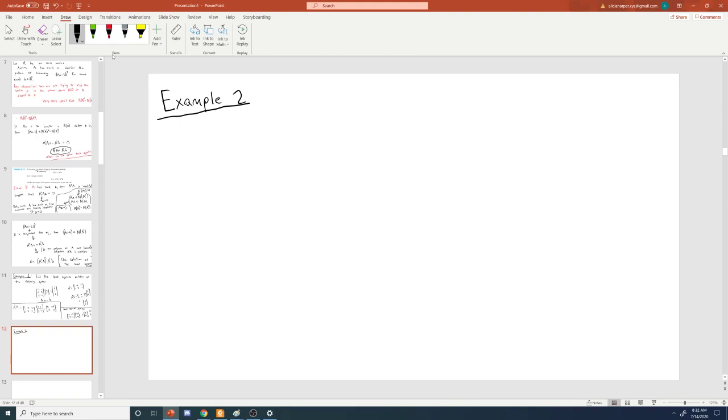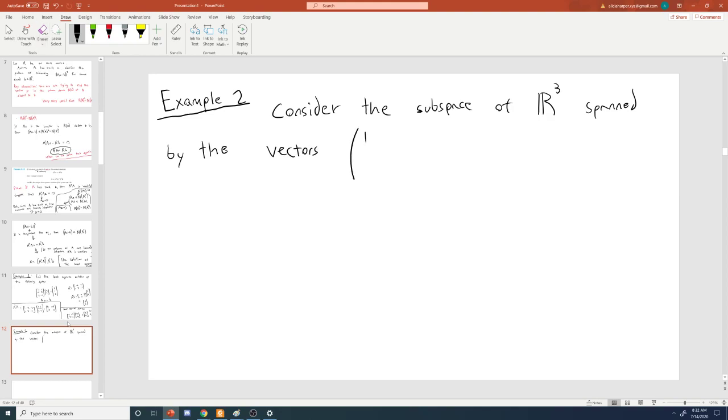So consider the subspace of R3 spanned by the vectors 1, 1, 1, and 1, 0, 2.